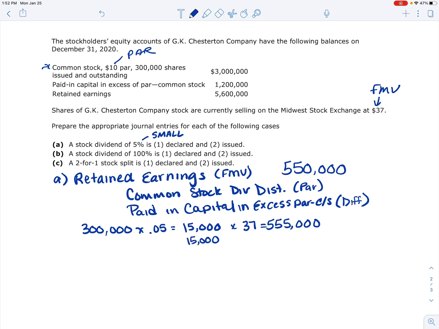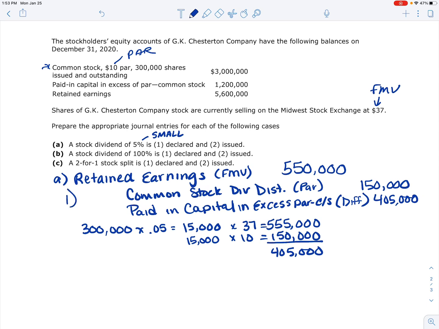Then I'll take that 15,000, multiply it by my par value, and that will go to my common stock dividend distributable. And finally, I take the difference, and that will go to my paid-in capital. So that's A. That's if I declare first.